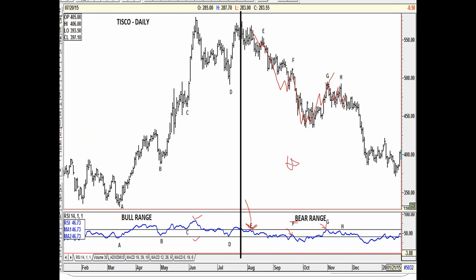And again it comes down at H, again it gets stuck at the 60 level and then it moves down, again it gets stuck near 60, again moves down. So there is a sudden range shift from bull zone to bear zone. This is called range shift.